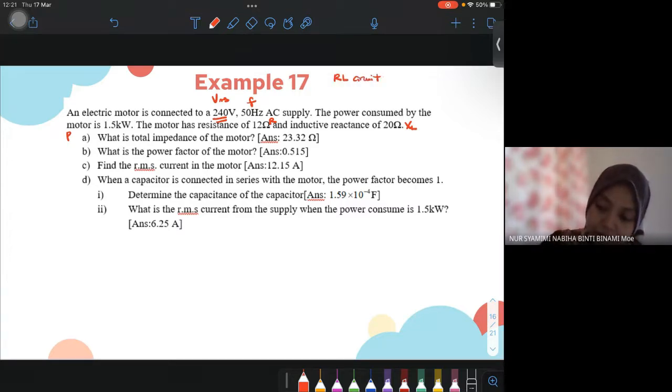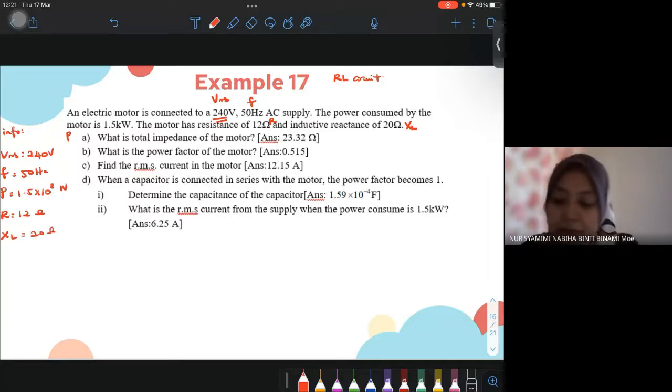Good. Okay, so the info we have: V_RMS equals 240 volt, frequency 50 Hz, power 1.5 times 10 to the power 3 watt, resistance is 12 ohms and XL is 20 ohms. What is the total impedance of the motor?